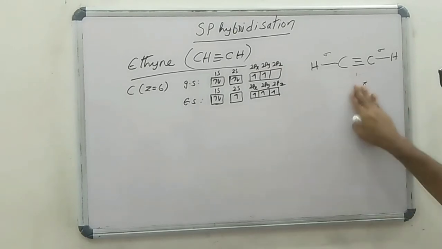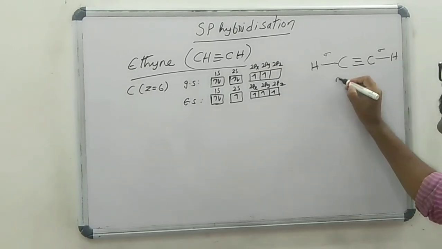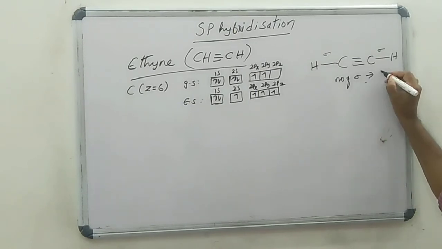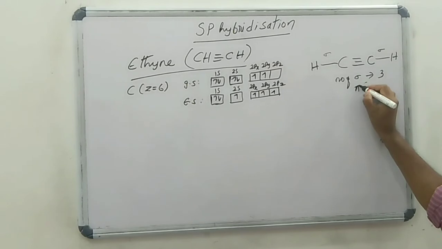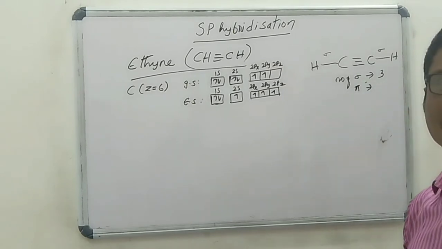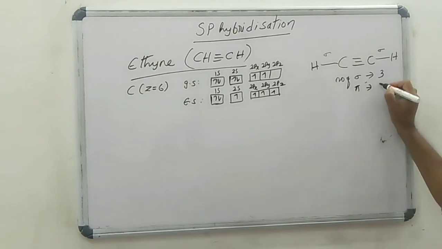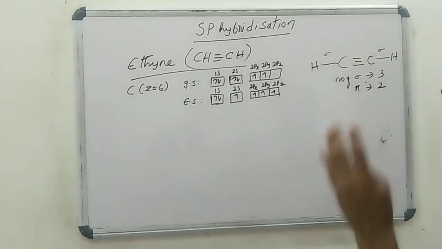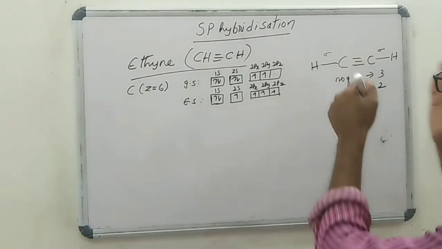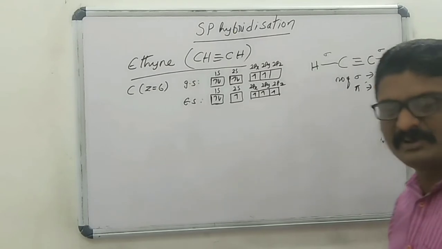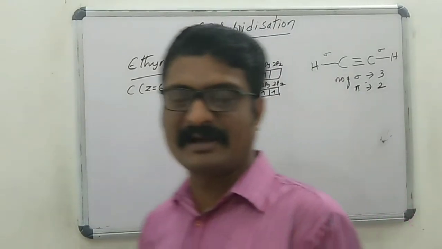That means ethyne has two carbon-hydrogen sigma bonds and one carbon-carbon sigma bond. So the total number of sigma bonds in ethyne is 3, and the carbon-carbon triple bond has 2 pi bonds. Then how are these 3 sigma bonds formed in ethyne and how are these 2 pi bonds formed between the two carbon atoms?